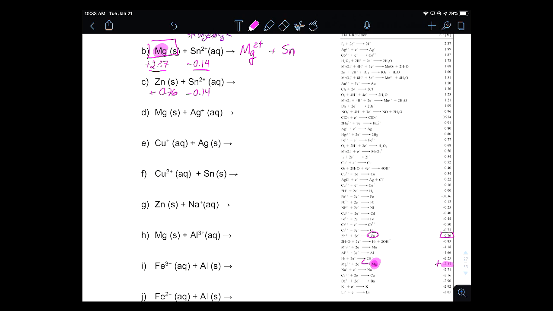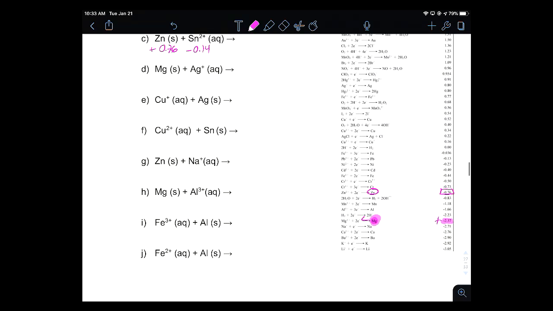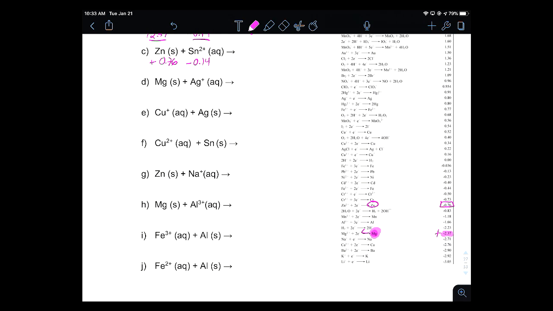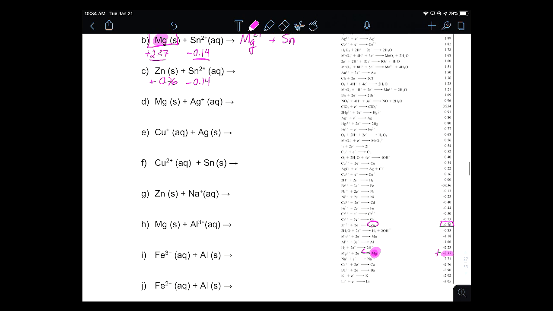Actually, sorry, just one second. We know something about this. When we're using the potentials of a chemical reaction, if the element we're starting with as the reactant is the product of the reduction, that means we are actually going to be talking about the reverse reaction.